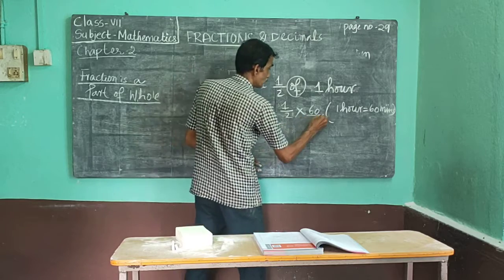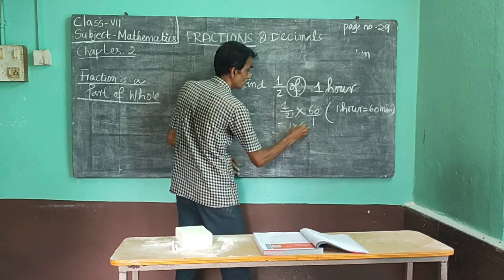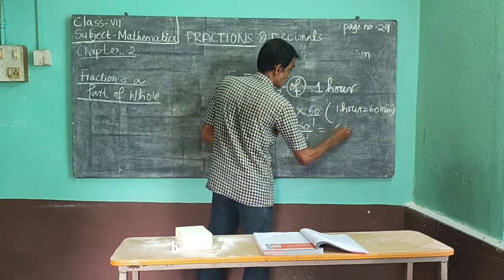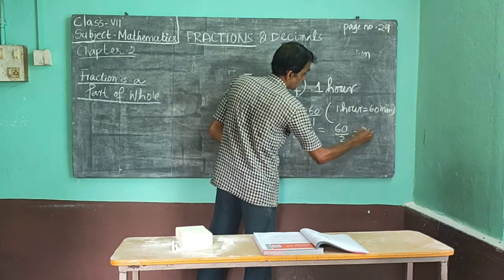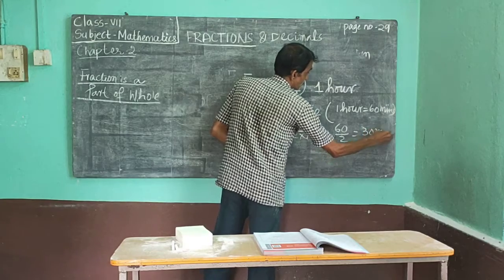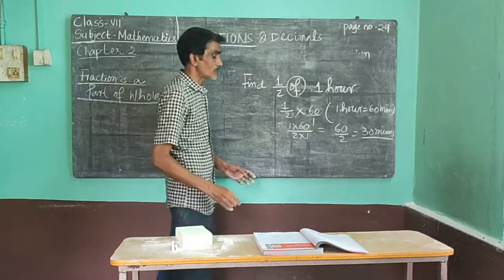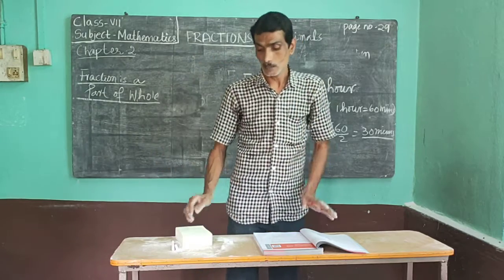Then 1 by 2 into 60, 60 by 2, that is your answer, 30 minutes. So like this we can solve the 'of' math.